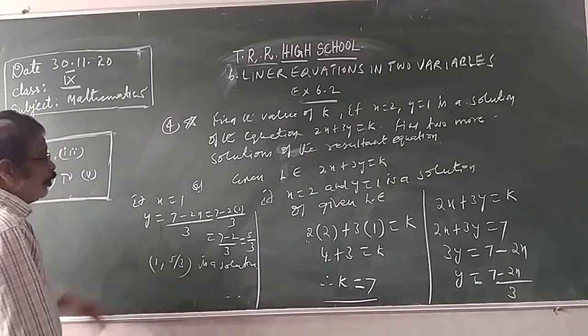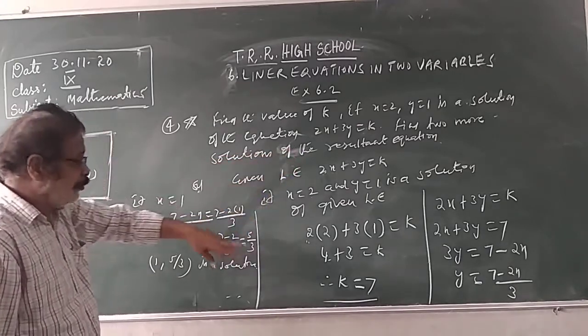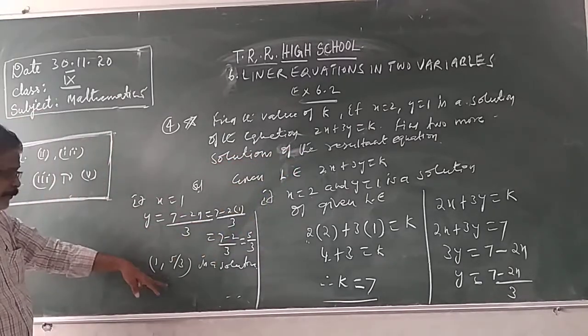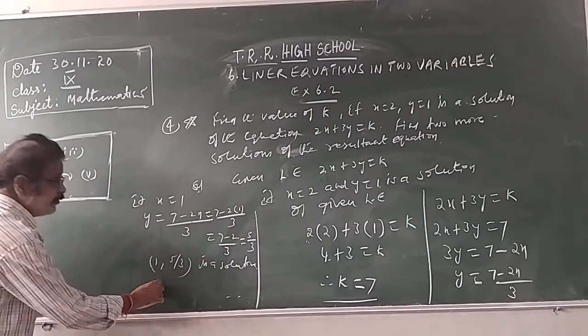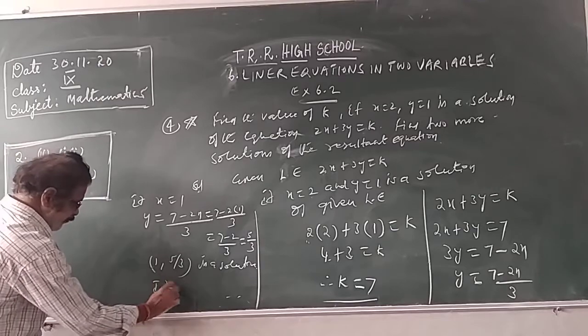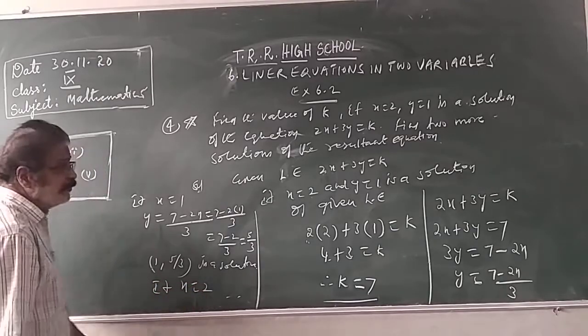Next, two more solutions. One solution is over: (1, 5/3), x is equal to 1, y is equal to 5 by 3.